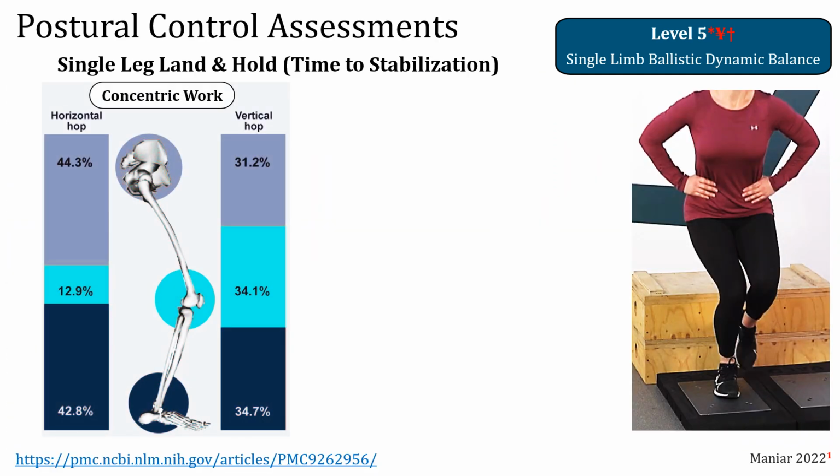And previous work that has looked at the concentric contributions for both horizontal and vertical hops has demonstrated that the ankle work, the calf in particular, is significantly higher with your horizontal hops than with the vertical, particularly during the concentric phase.